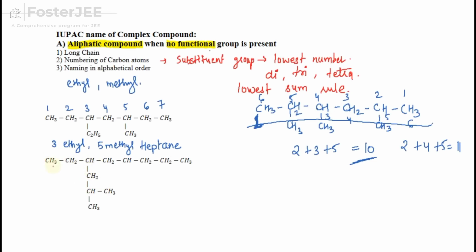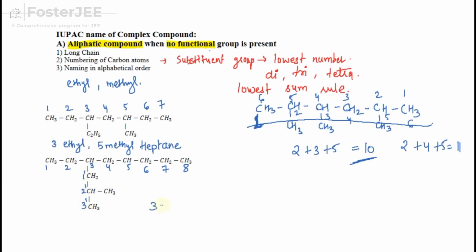So the longest chain will be 1, 2, 3, 4, 5, 6, 7 and 8. Now here at the third position a complex chain is present and the chain is 1, 2, 3, so it is represented by 1 dash, 2 dash and 3 dash.